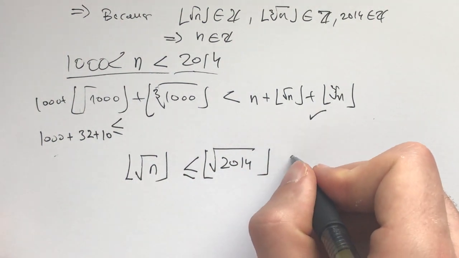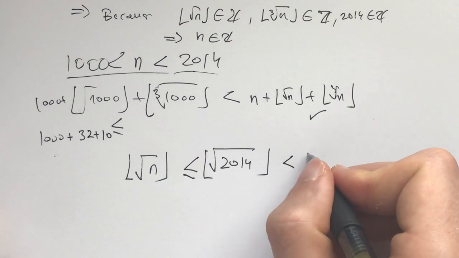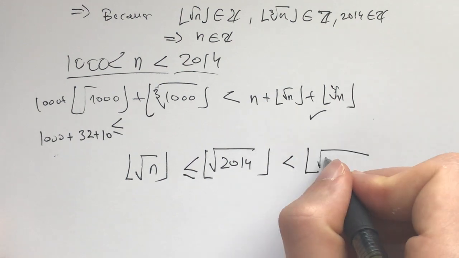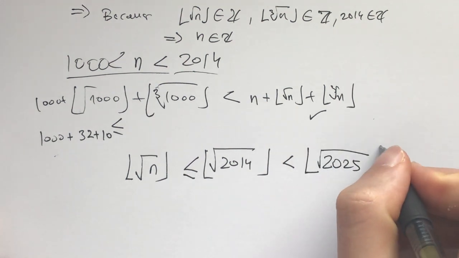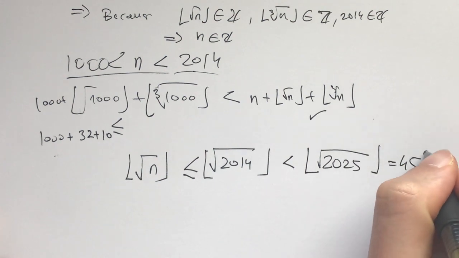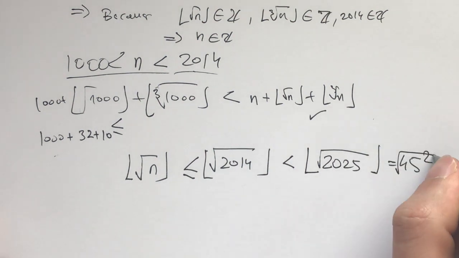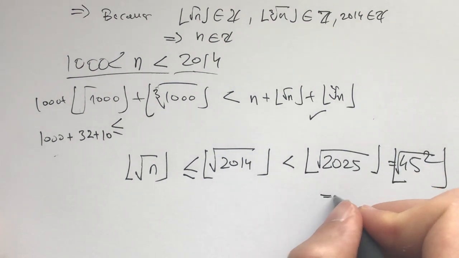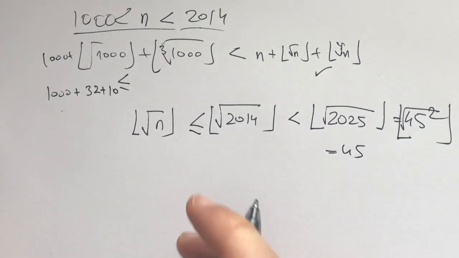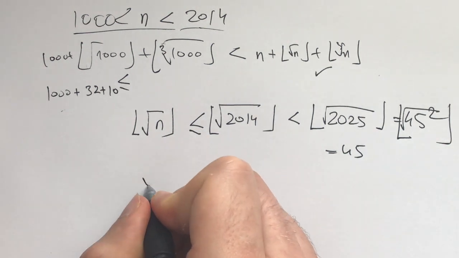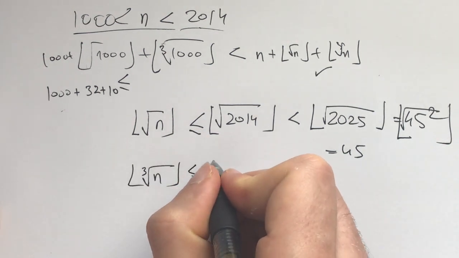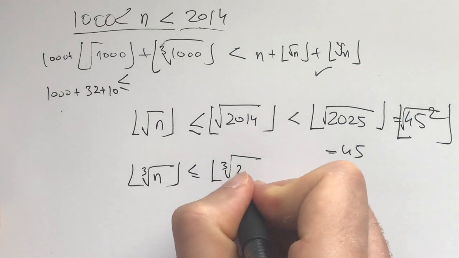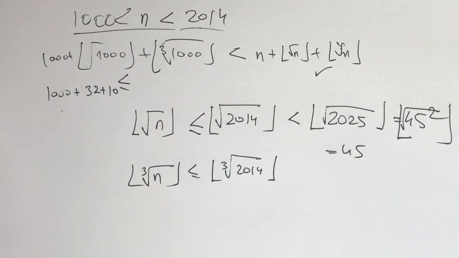And this thing right here is strictly less than the floor of the square root of 2025, which is equal to 45 squared, i.e. the floor of the square root of 45 squared, which is 45. And we also know that the floor of the cube root of n is less than or equal to the floor of the cube root of 2014. And now we need to find the appropriate cube.